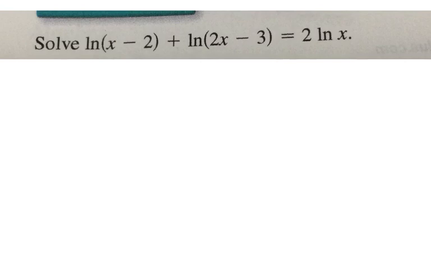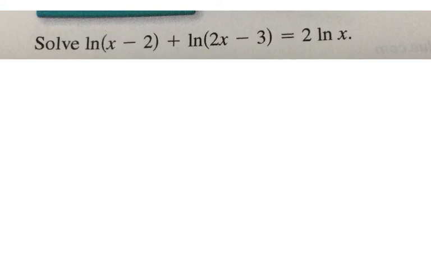So now I've got the natural log of x minus 2 plus the natural log of 2x minus 3 equals 2 times the natural log of x. So because I have so many logarithms, I want to get isolated logarithms on both sides.